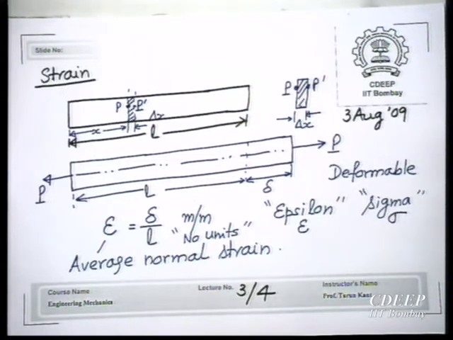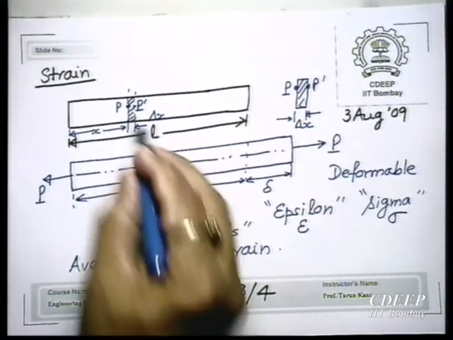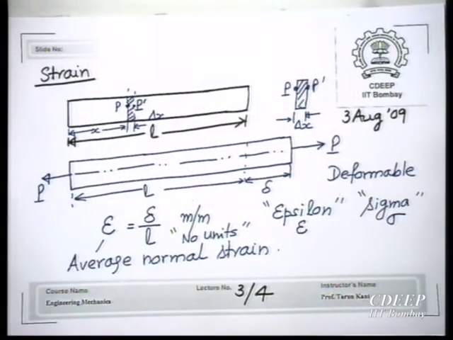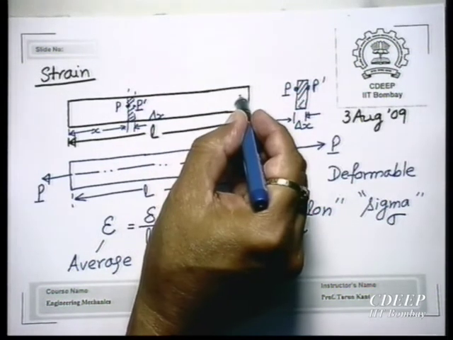What is the elongation of this? The original length is dx, and we see what change is occurring. That divided by dx will be the strain at point P. Remember that, it will be different at different places.